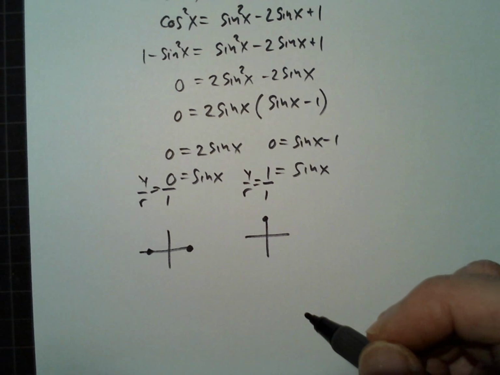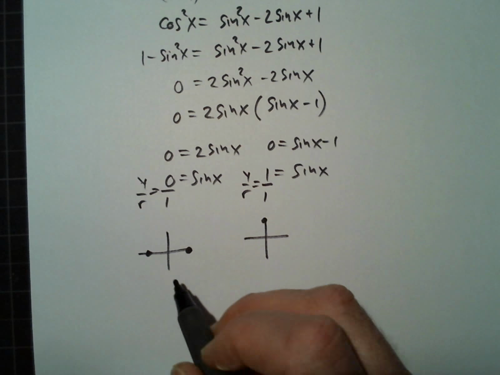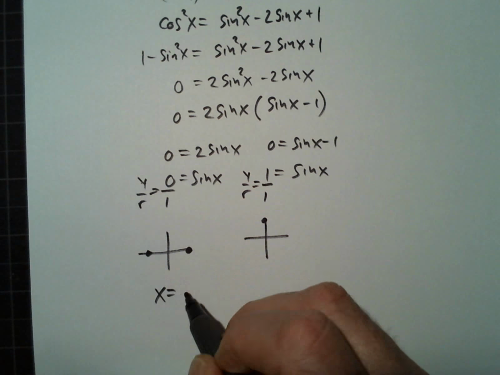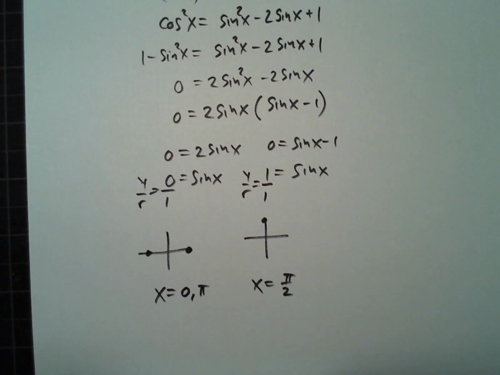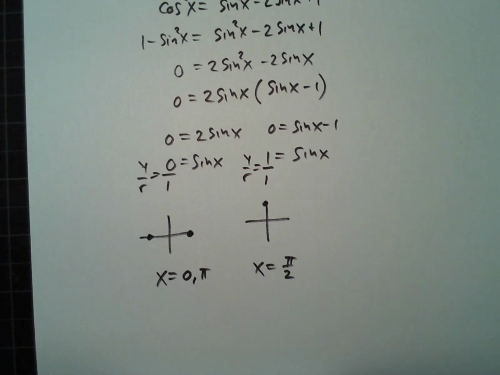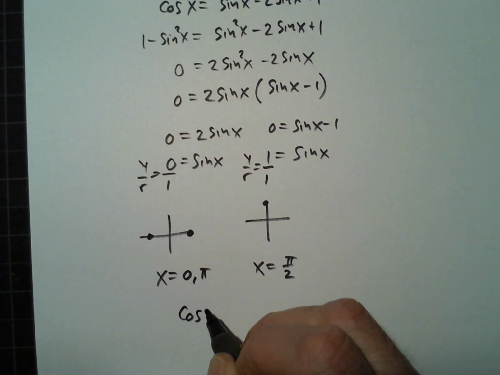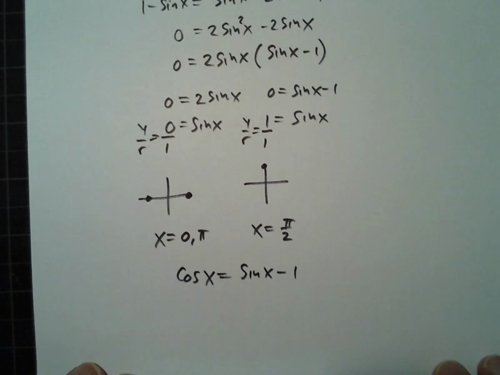And then we'll check. We have x equals 0 or pi. Here we have pi over 2. So we have cosine x equals sine x minus 1.